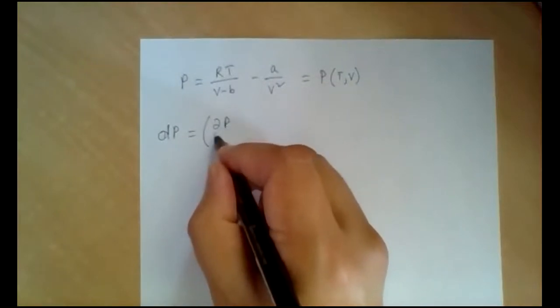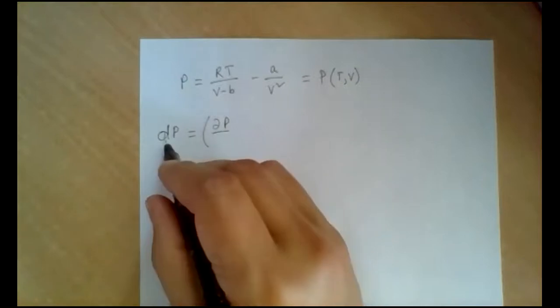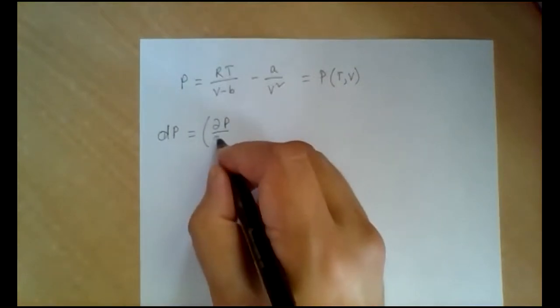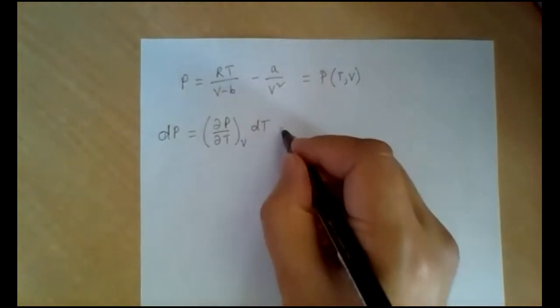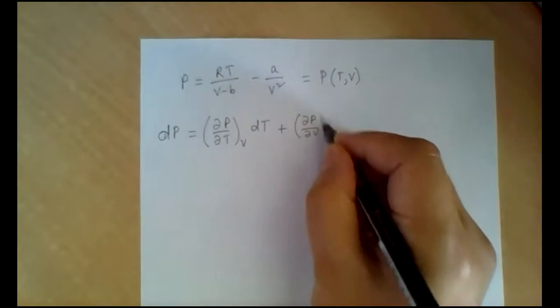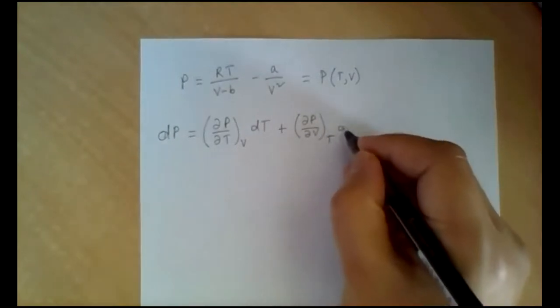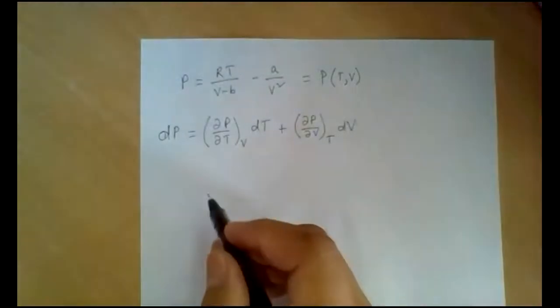So dP is equal to del P by del T at constant volume times dT plus del P by del V at constant temperature times the change in volume dV.